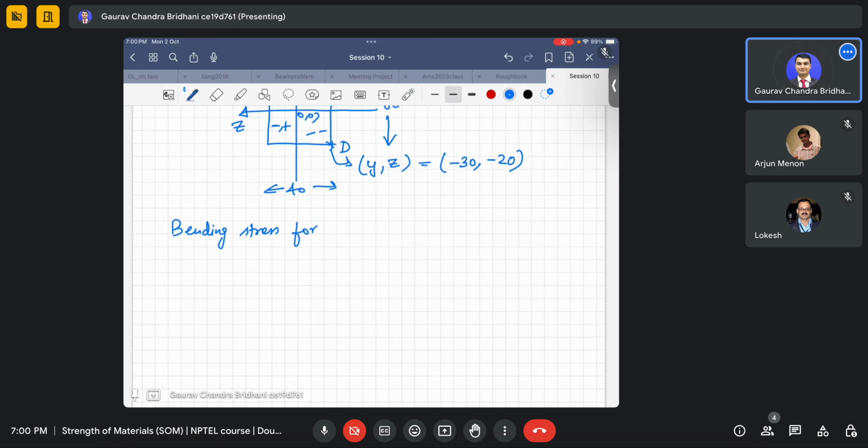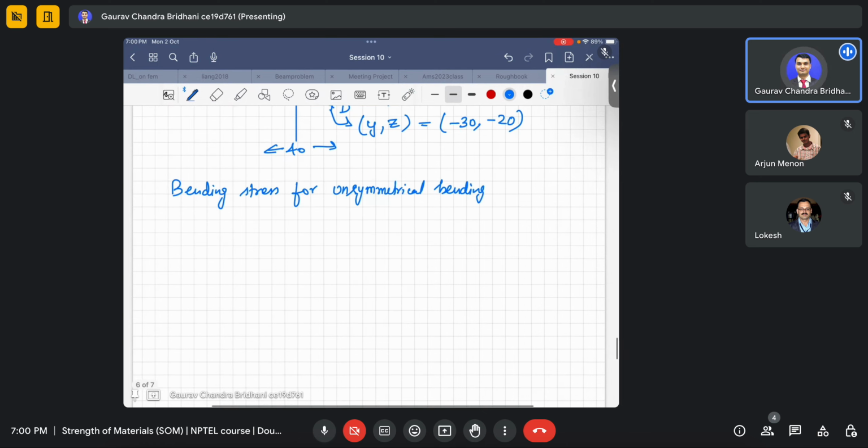for unsymmetrical bending. So what I will do, I will write the full formula first.